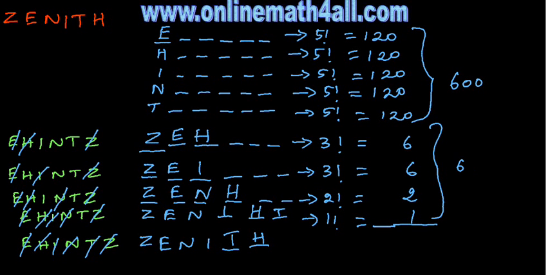So we get a total of 615 words before the word zenith. So when we write all the 720 words in the dictionary, we have 615 words before the word zenith, and zenith is the 616th word. So the rank or order of the word zenith is 616.